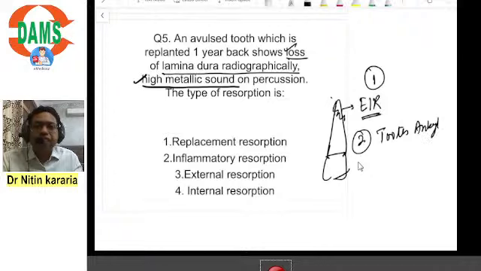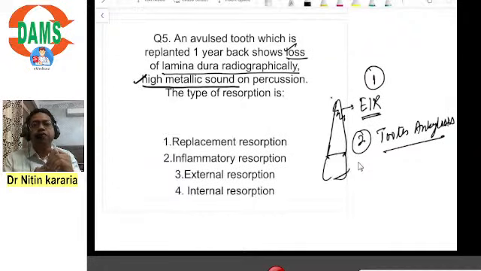Tooth ankylosis means whenever we replant an avulsed tooth back into the socket, over time, because the PDL fails to regenerate, there is fusion of the tooth with the bone and the tooth becomes ankylosed. This is the second most common sequela of an avulsed tooth.